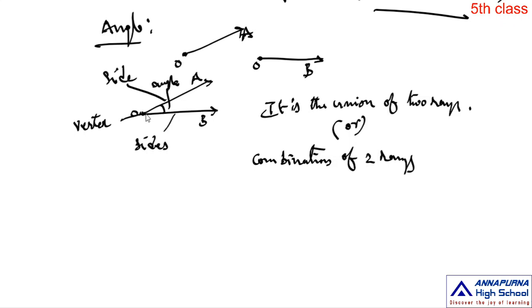So this is the vertex of the angle, and these two rays are called sides of the angle. This is a brief explanation about the angle. All these things you have learned in fourth standard.